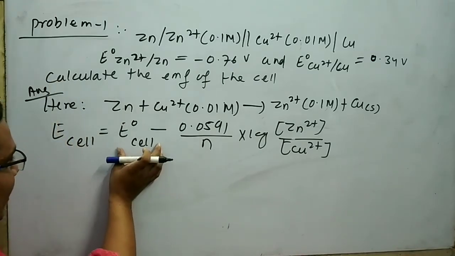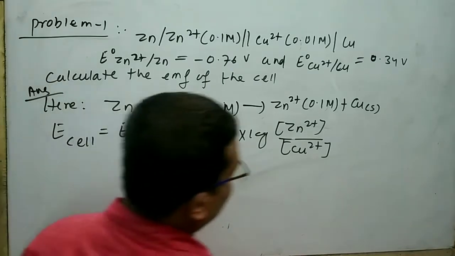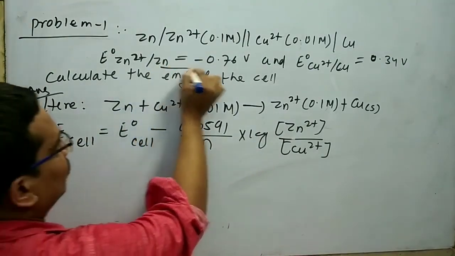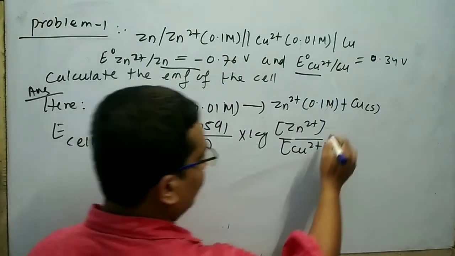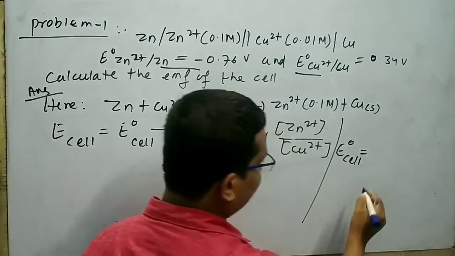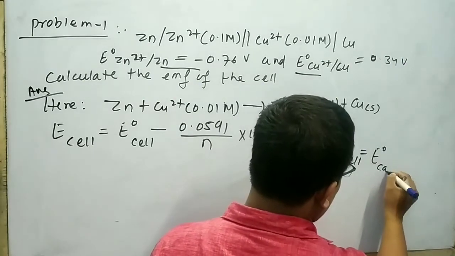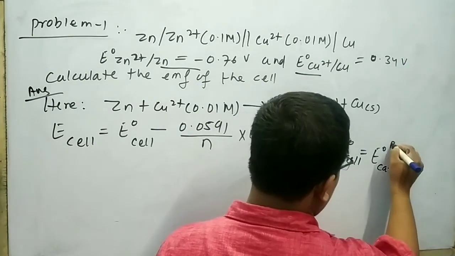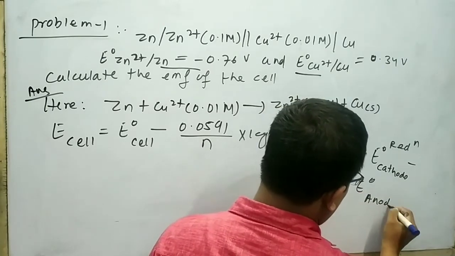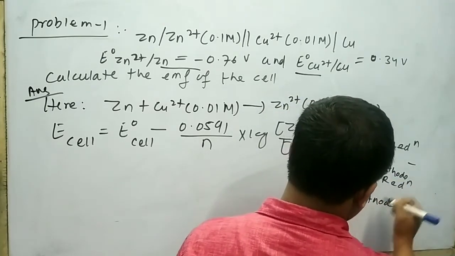Now I have to find the E0 cell. For E0 cell, these two data are given. We know that E0 cell equals E0 cathode reduction minus E0 anode reduction.